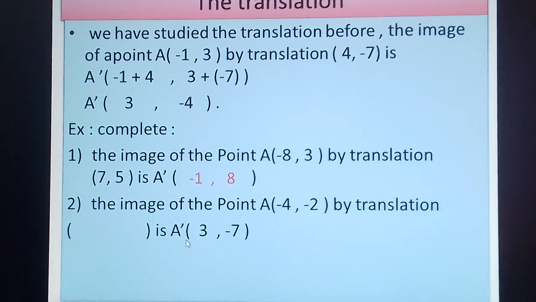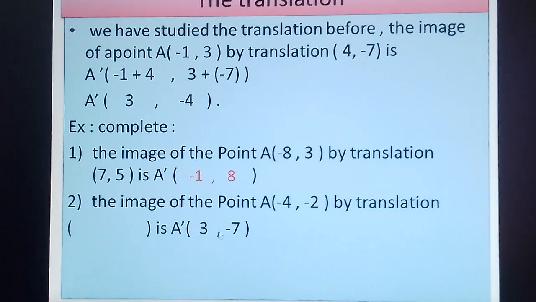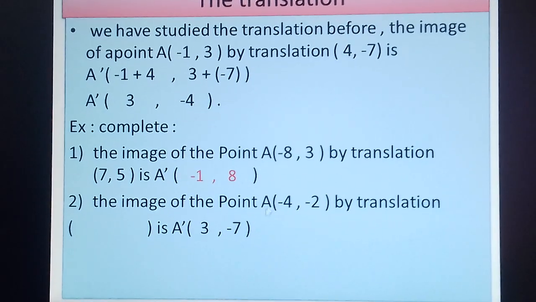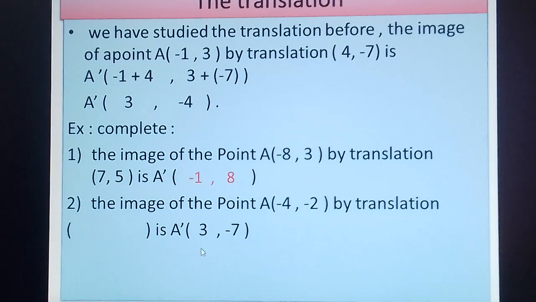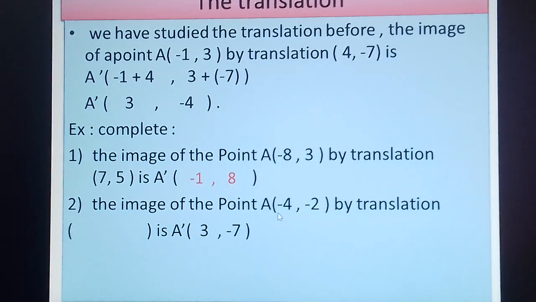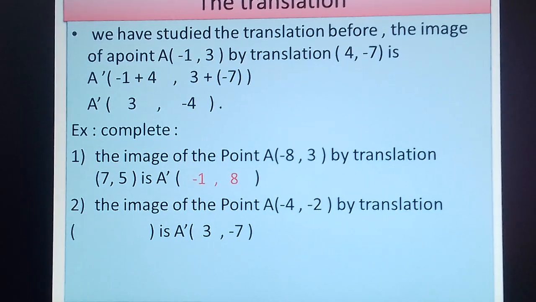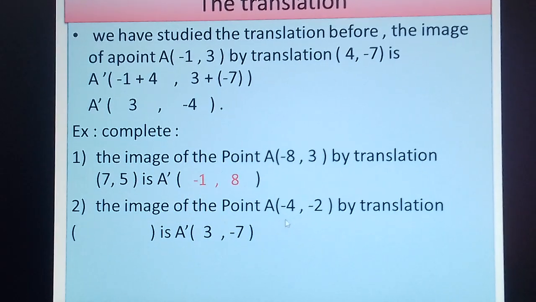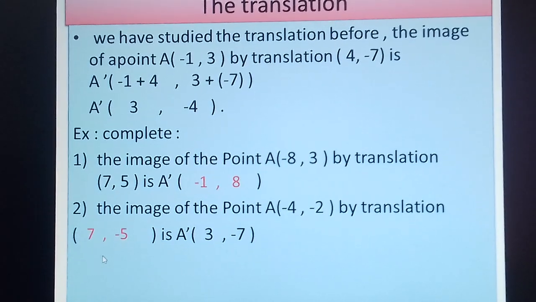Yes, we can find the translation by subtracting the original point from the image. We must subtract the point A from A dash. So 3 minus negative 4 will be 7. Negative 7 minus negative 2 will be negative 5, like that.